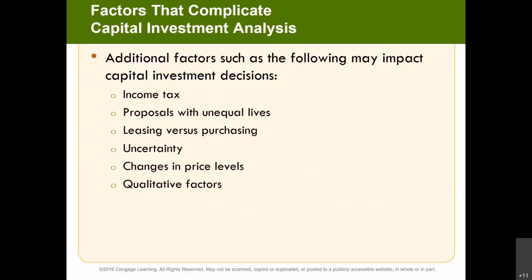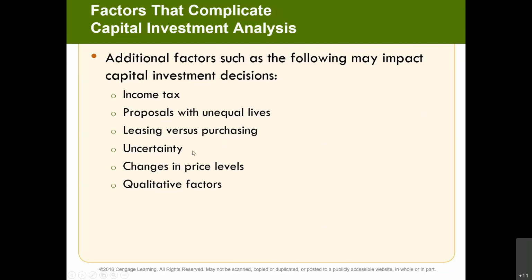Proposals of unequal lives, meaning if I have competing investment decisions between different pieces of equipment, those different pieces of equipment will have different useful lives. The lease versus buy decision that we talked about in previous chapters would have an impact on whether I want to invest in a piece of equipment or not.